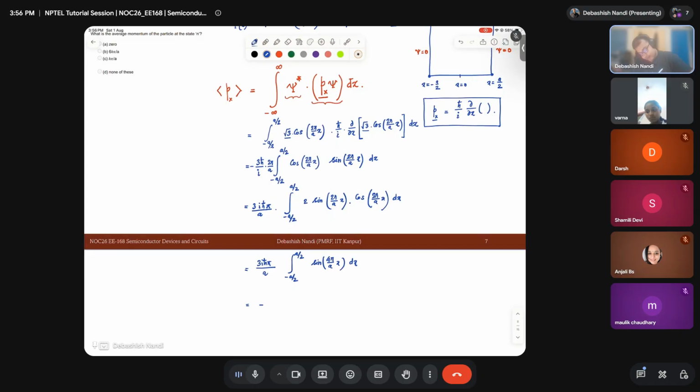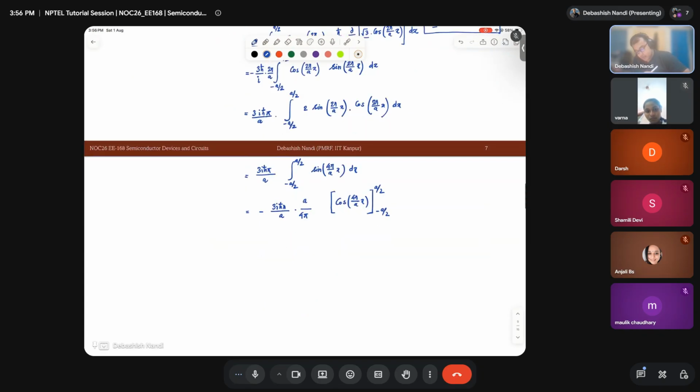So I'll have minus 3 i h bar pi by a times a by 4 pi, and this will be cos 4 pi by a x from a by 2 to minus a by 2, right? This gets cancelled, so minus 3 i h bar by 4.